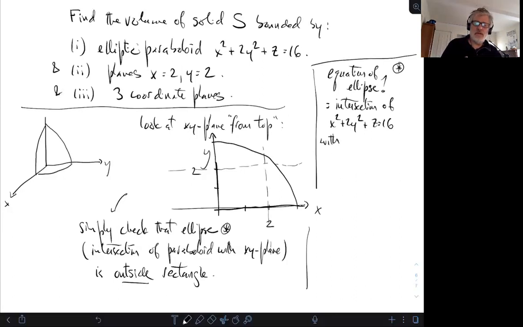What's the xy plane? It's z equals 0, right? If I give you two equations and you want to know the intersection, you're looking at the points that satisfy both equations. In other words, x squared plus 2y squared plus 0 equals 16. So that's the equation of your ellipse.